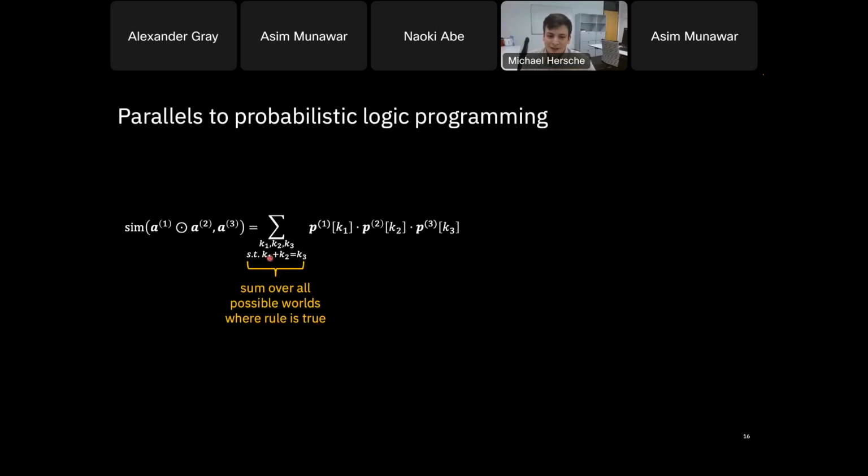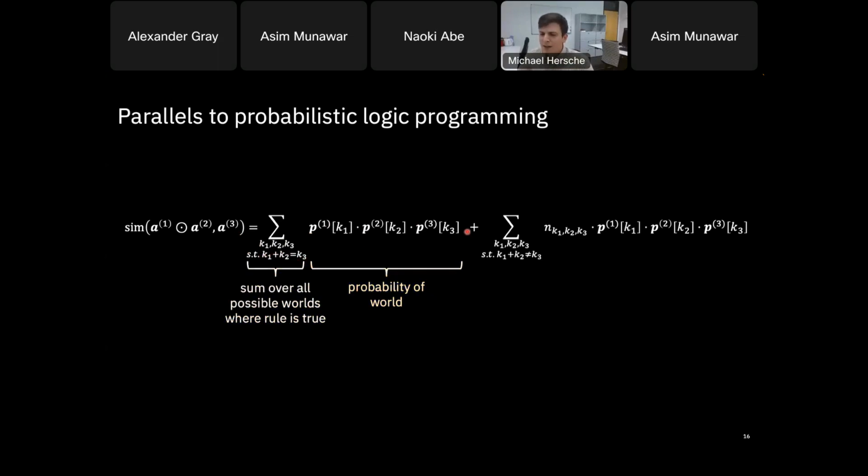So the sum of the first two elements is the third one, and what we sum up is the product of these three elements. And what we also have in our case with our distributed representation is some kind of noise terms, where we sum up over all the remaining worlds where the rule arithmetic plus is not true.